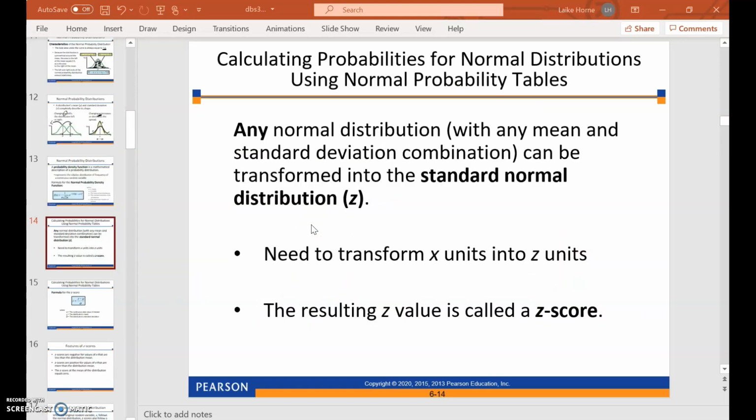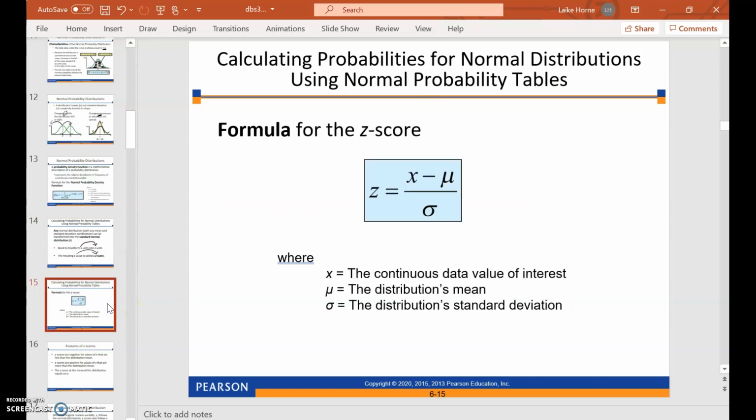So any normal distribution can be transformed into a standard normal distribution, z. So you need to transform first x units into z units, okay? And once you get the z unit or the z value, it's called a z-score. And so we have kind of talked about z-scores before. It's going to be x minus your mean divided by the standard deviation.